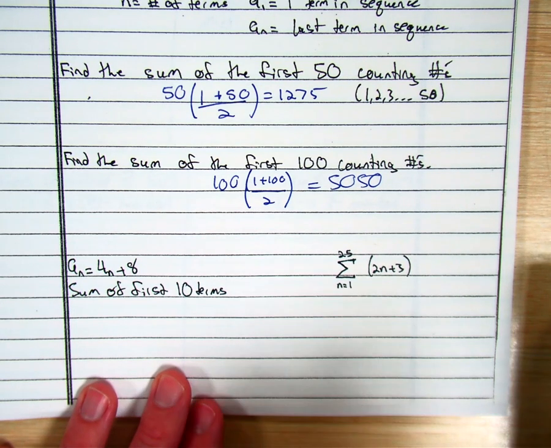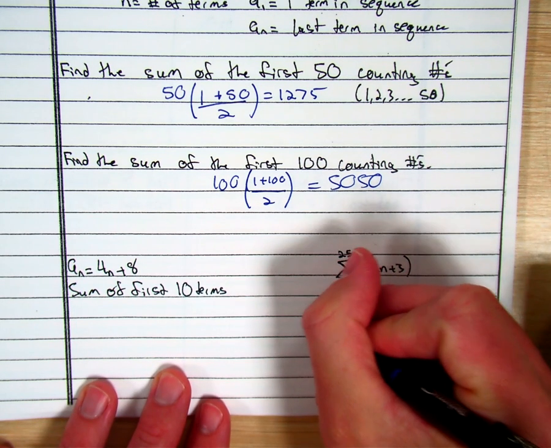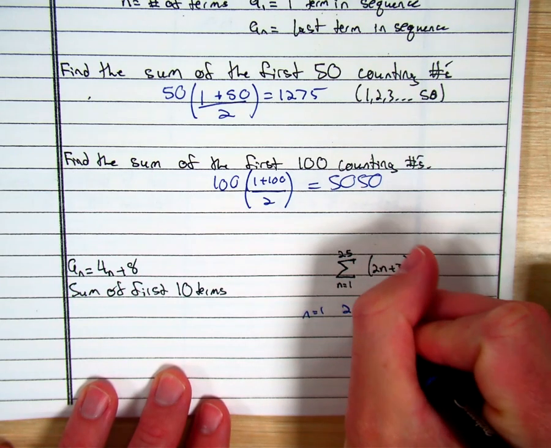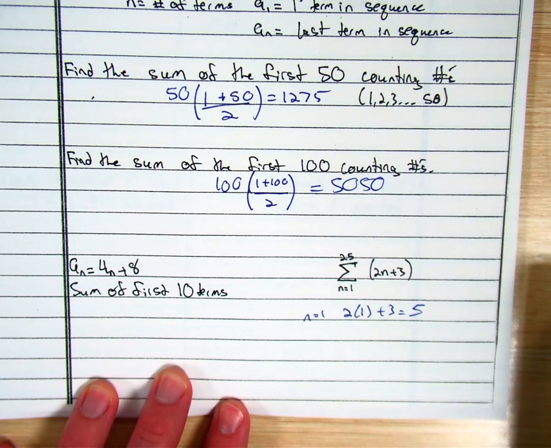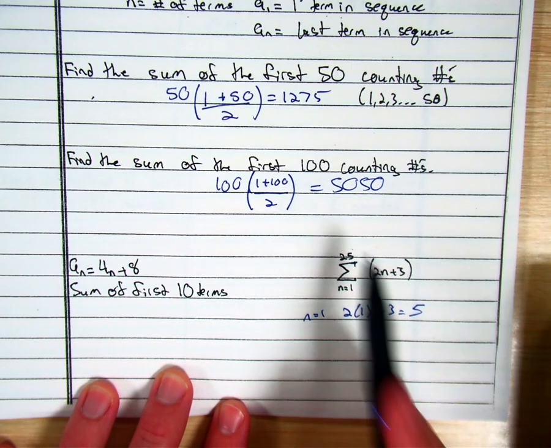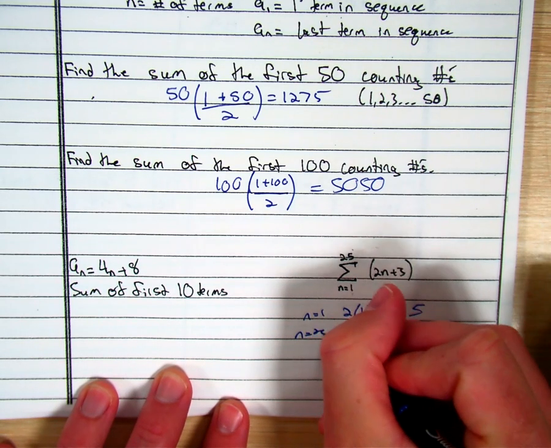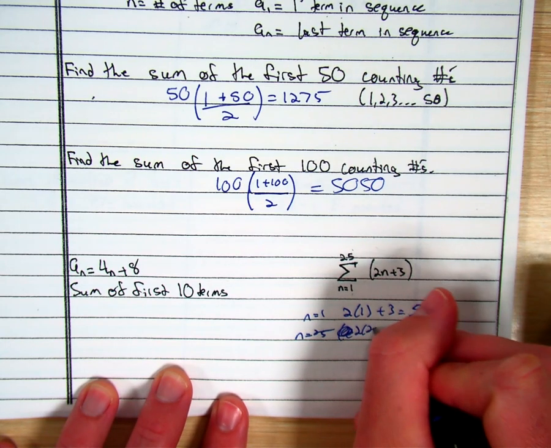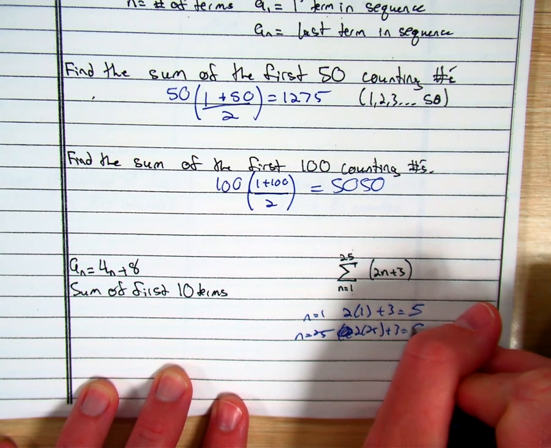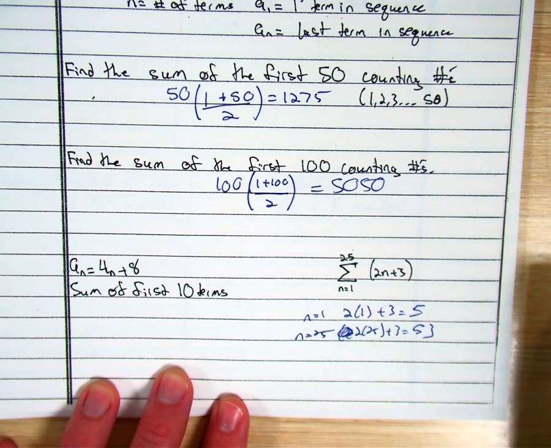So when I do my first term, n equals 1, we're going to have 2 times 1 plus 3 for 5. And when I do my last term, 25, we're doing 2 times 25 plus 3 for 53.